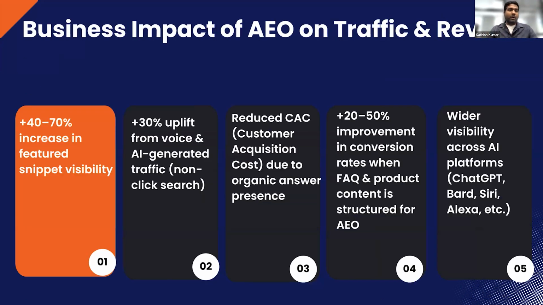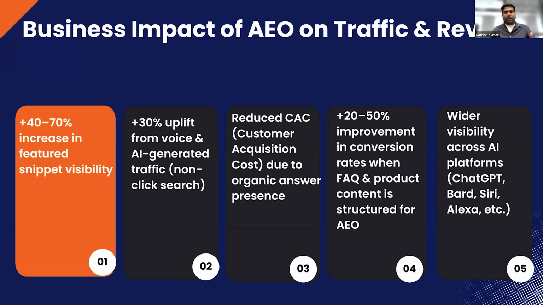And so the business impact we could see is that you should see at least a 30 to 40 to 50% increase in featured snippet visibility, and you should start getting more voice search responses to your site. And overall, is your customer acquisition cost reducing because you don't need to spend too much on Google ads?